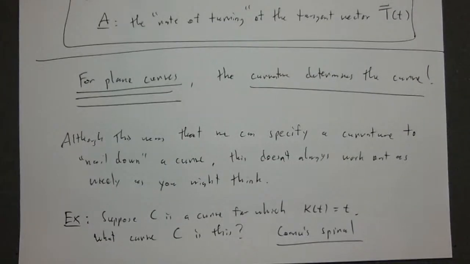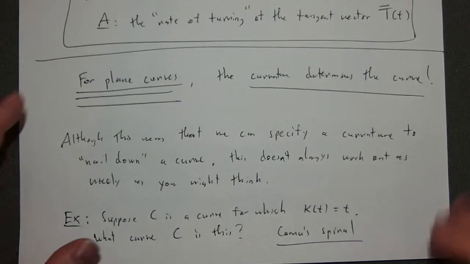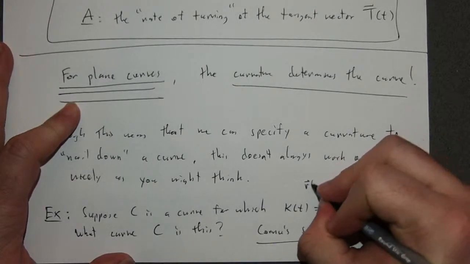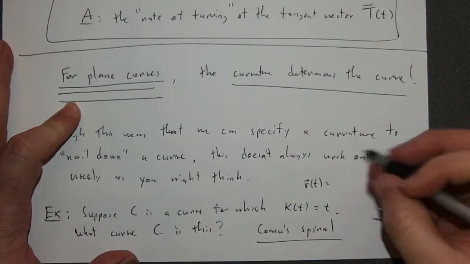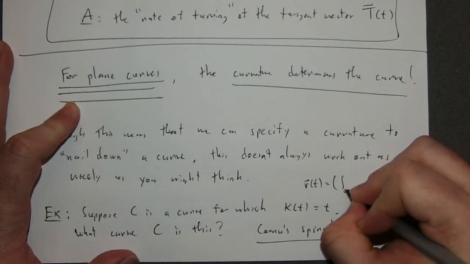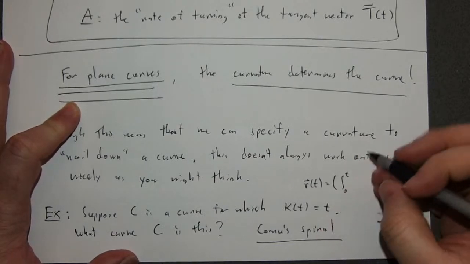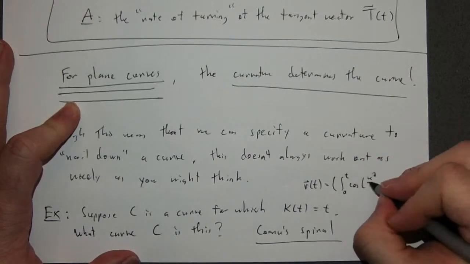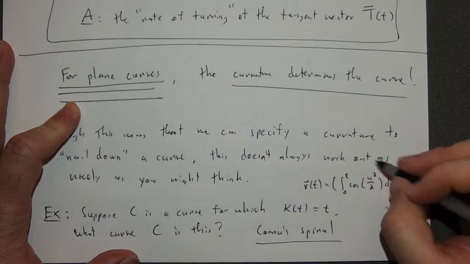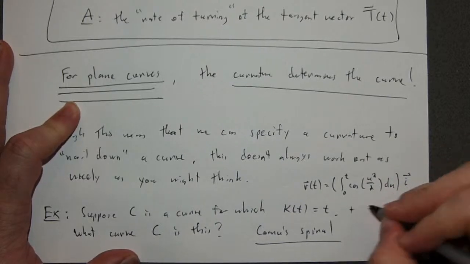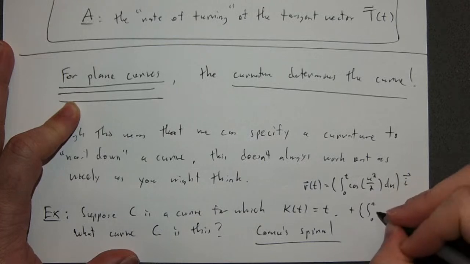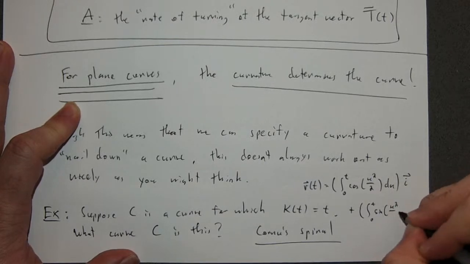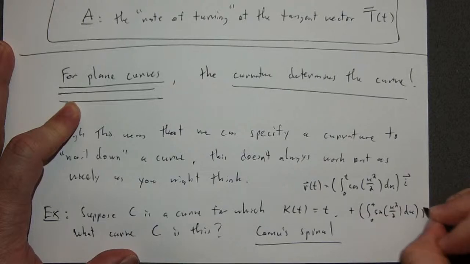So maybe I'll actually write that. It turns out it's a curve that has the following parameterization. R of t for this curve is the integral from 0 to t of cosine of u squared over 2 du i, plus the integral from 0 to t of sine of u squared over 2 du j.